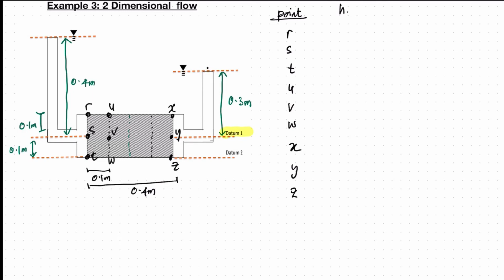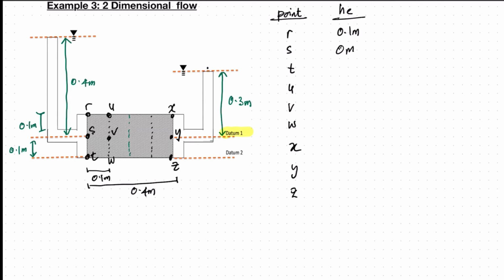Then you need to find the elevation head first. Elevation is always measured from the datum. R is above the datum, 0.1 meter above, so it is 0.1 meter. S sits on the datum, so it is 0 meter.